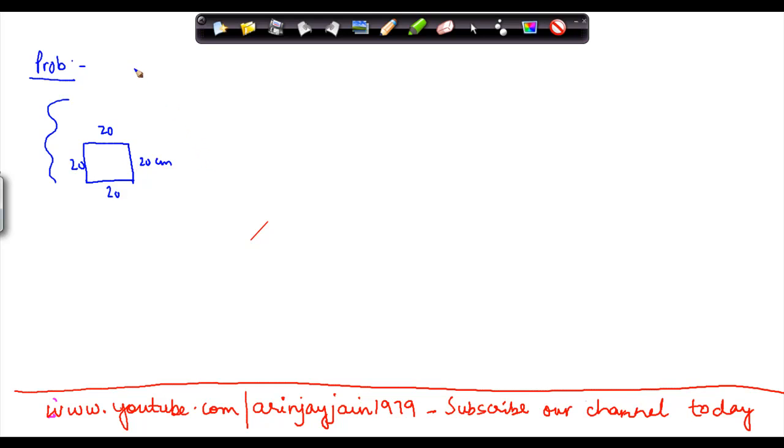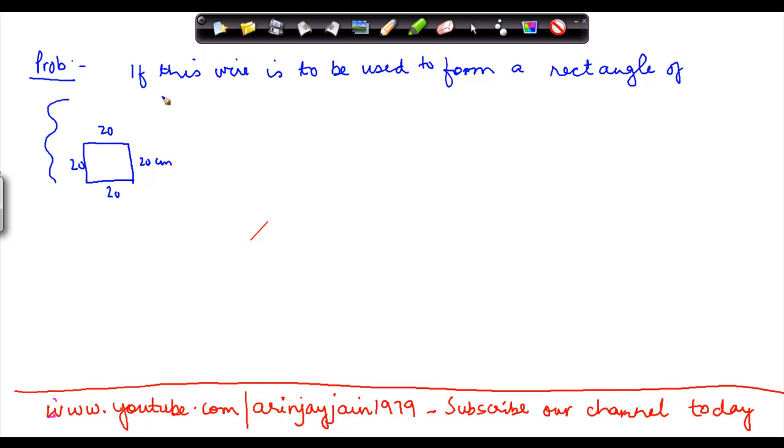Now, what I was told was that if this wire is to be used to form a rectangle of length, let's say, 25 centimeter, what will be the breadth?